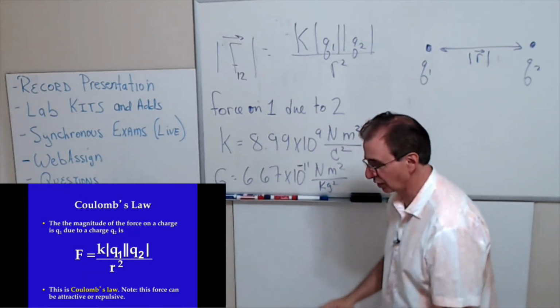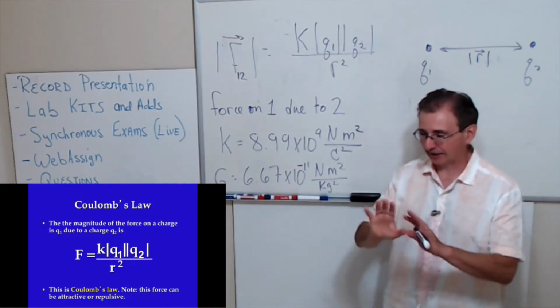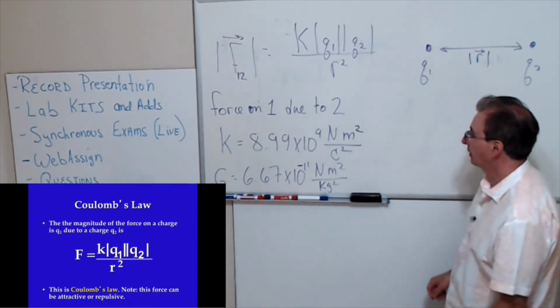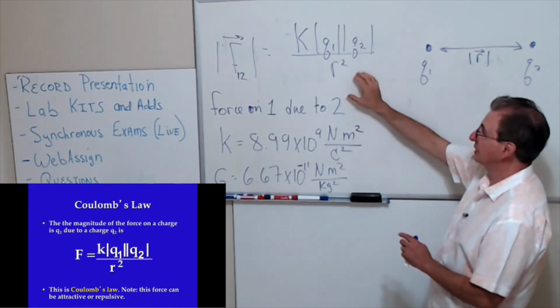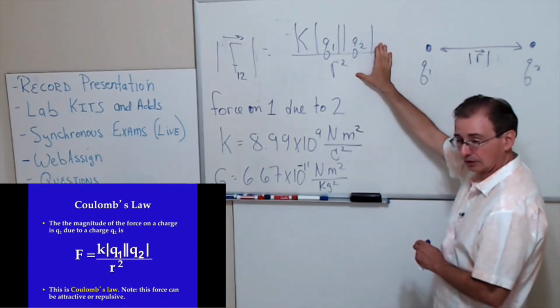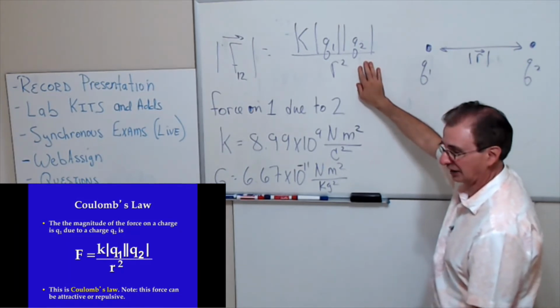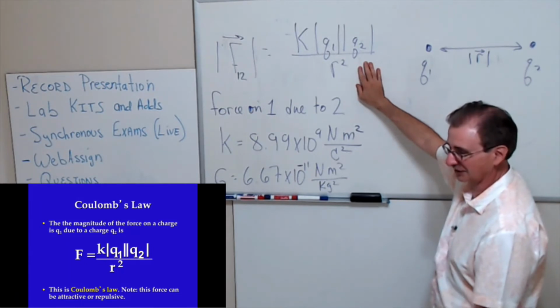General relativity is a more complete way of describing gravity. We can't get into that, but what I want you to focus on is the form of this compared to the form for gravity. And in fact, this is not complete either. This doesn't always work. I will tell you when this works and when it doesn't work, in a minute.